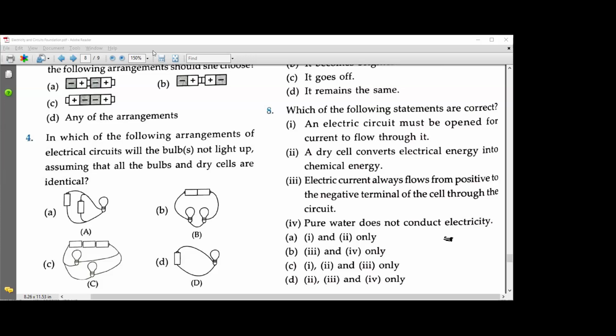Why 8B? Oh, okay, sorry. The second part is also correct. Third and fourth only. Yeah, 8B, fine, correct. And we were on question 7.